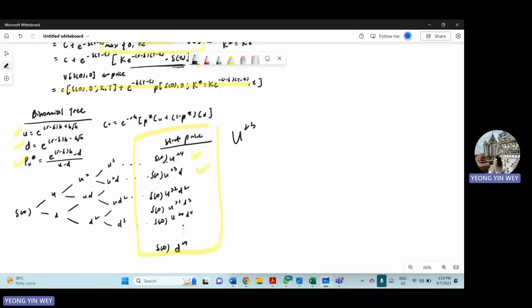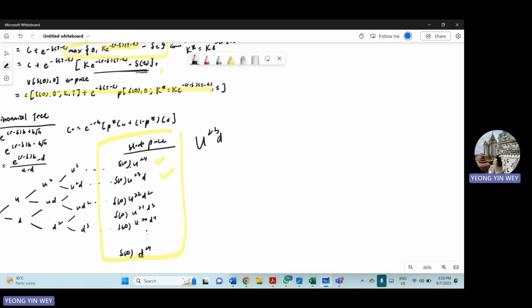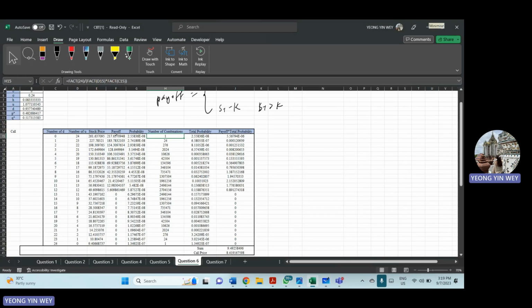For example, for U23D, the number of combinations, as we learned in probability, is 24 factorial over 23 factorial times 1 factorial, right? So we will put this in the table and calculate the number of combinations for every number of D and number of U.